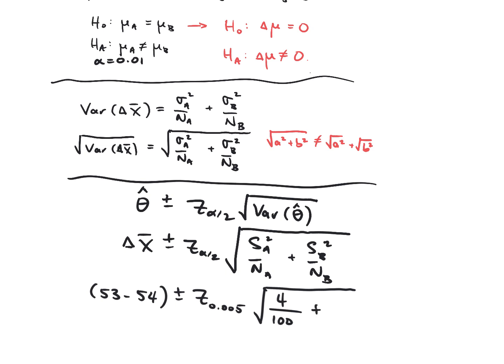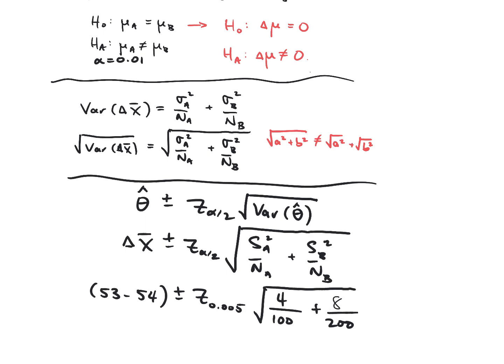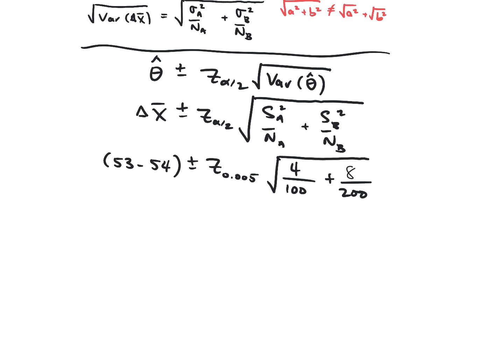Second group had variance of 8, and the number of observations was 200. Is that correct? I believe that's correct. So this is -1 plus or minus, and then we look up what the z value is for 99% confidence. I believe the answer is 2.58.